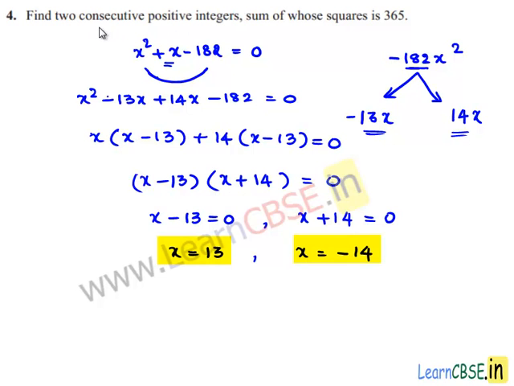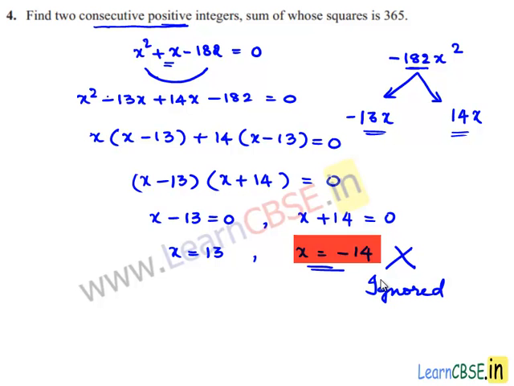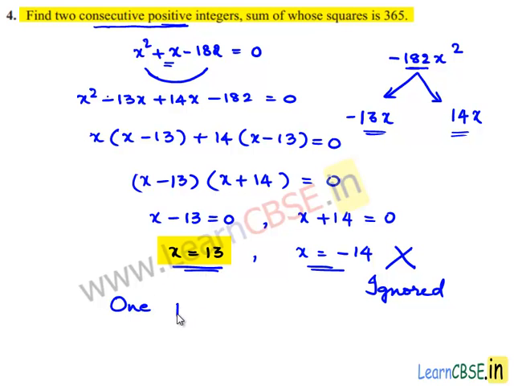In the question, we need to find two consecutive positive integers. But here we got x is equal to minus 14. This is not a positive integer. So x is equal to minus 14 can be ignored. So take x is equal to 13 into consideration. So one positive integer will be 13.